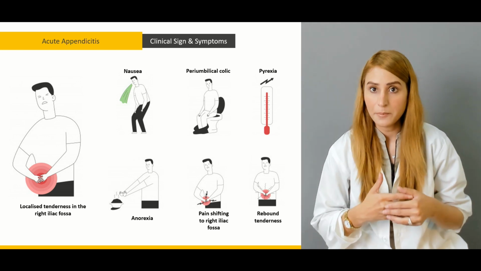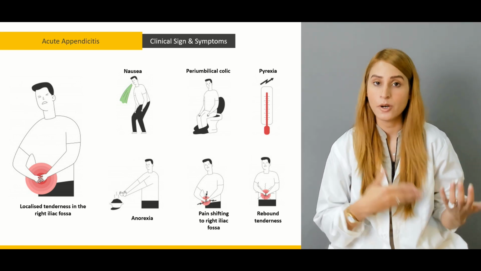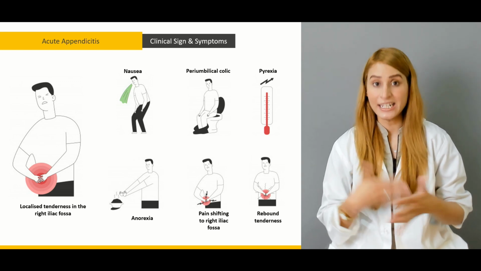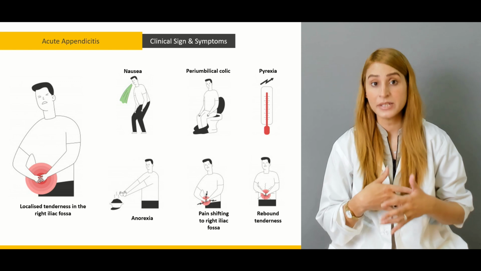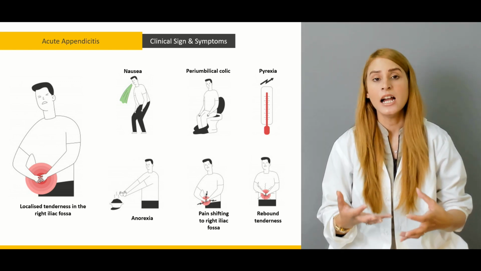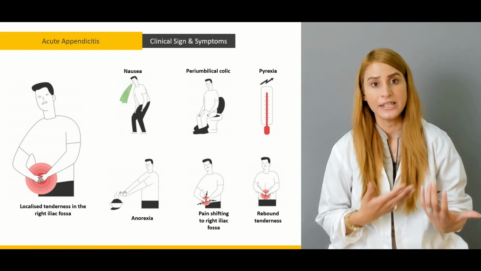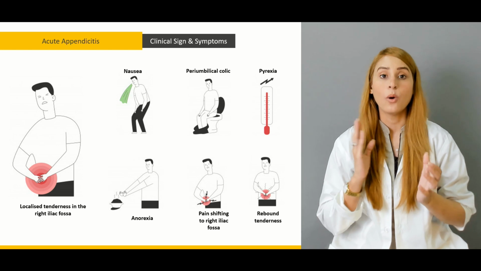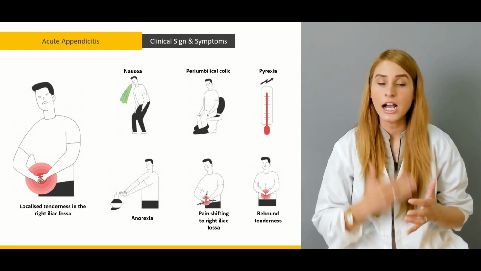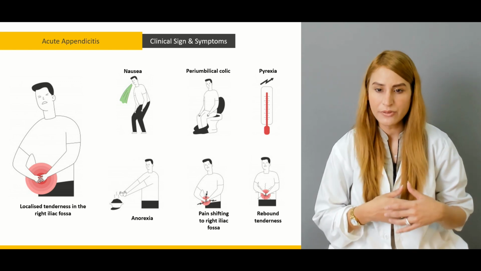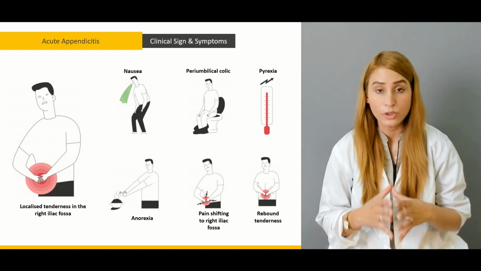A young male or female, but more commonly male, a teenager or young adult, coming to you with a pain which started in the central abdomen, and after a day it got localized to the right iliac fossa with the complaints of nausea, vomiting, anorexia, plus there can be pyrexia, there can be periumbilical colics, right?